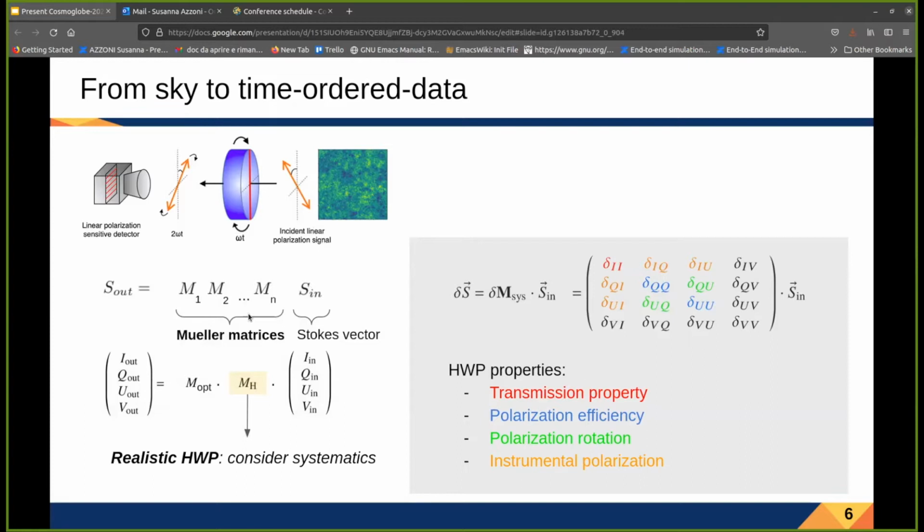So for a realistic half-wave plate, the different systematics will affect different terms of this Mueller matrix. And the systematics are related to different half-wave plate properties here.